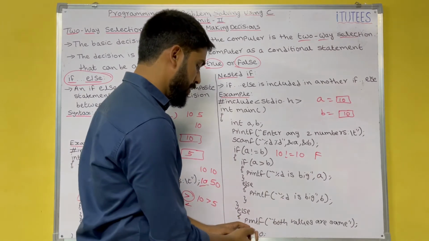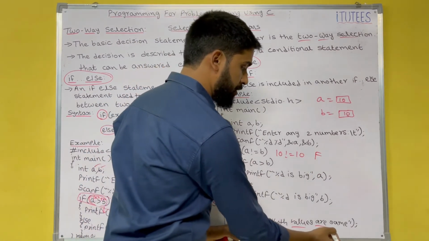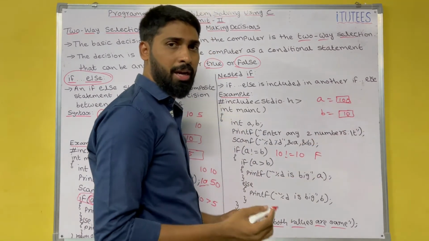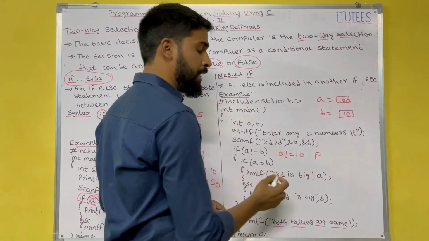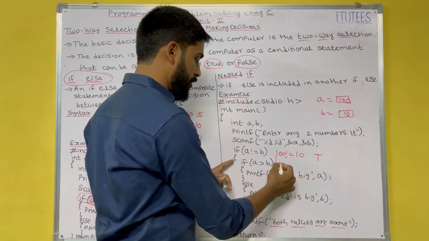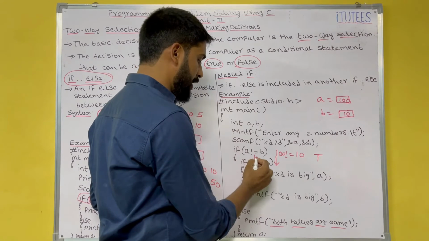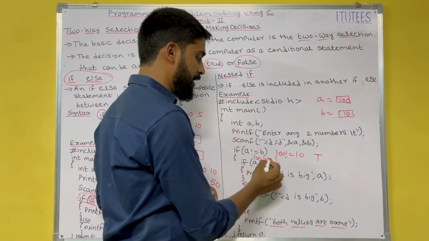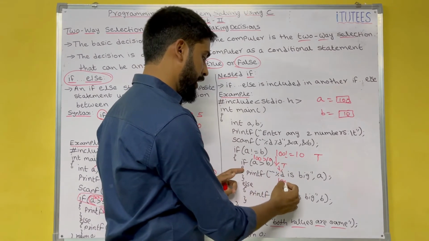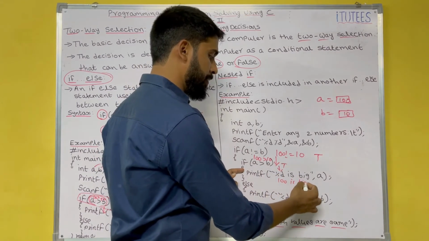So you go to the else block and print both values are same. If I enter 100 and 10, 100 not equals to 10 returns true. So it enters the block, and here we check another condition, 100 greater than 10. That is also true. So it prints 100 is big.